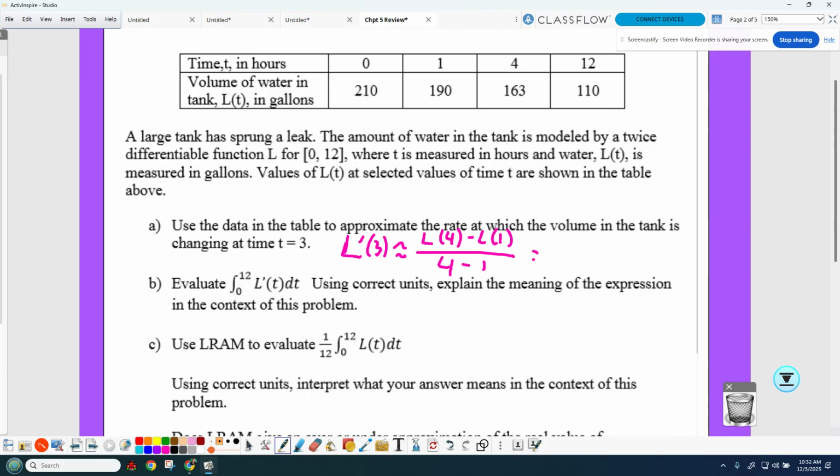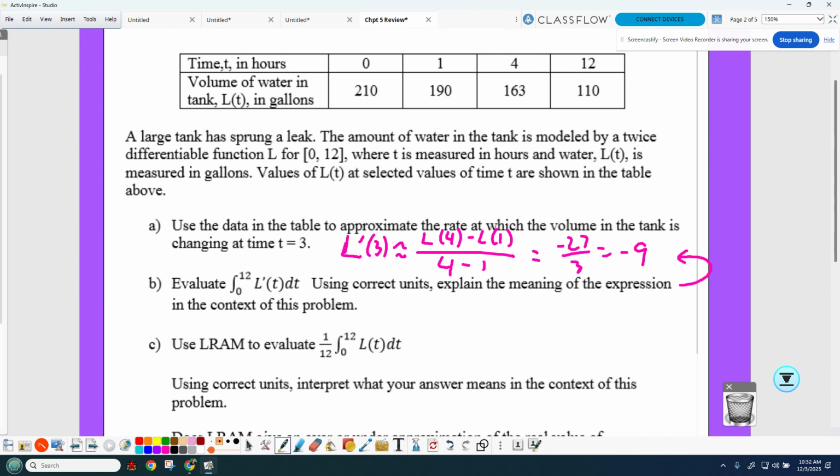And the change in the Y values over the change in the X values, so -27/3, -9. And it didn't ask for units, but I'm gonna ask for them for each one of these. For part A, using correct units, explain the meaning of this expression in context of the problem.